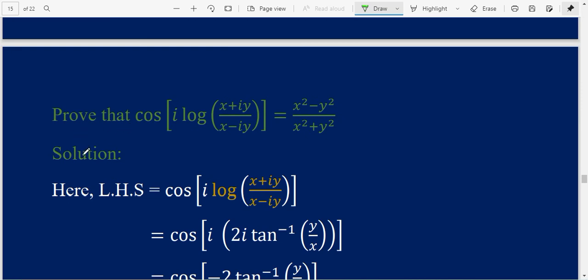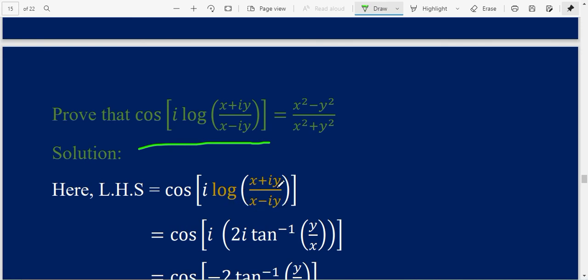Now prove that cos of i log of (x plus iota y) upon (x minus iota y) is equal to x square minus y square upon x square plus y square. Solution: left hand side, cos of i log of (x plus iota y) upon (x minus iota y).